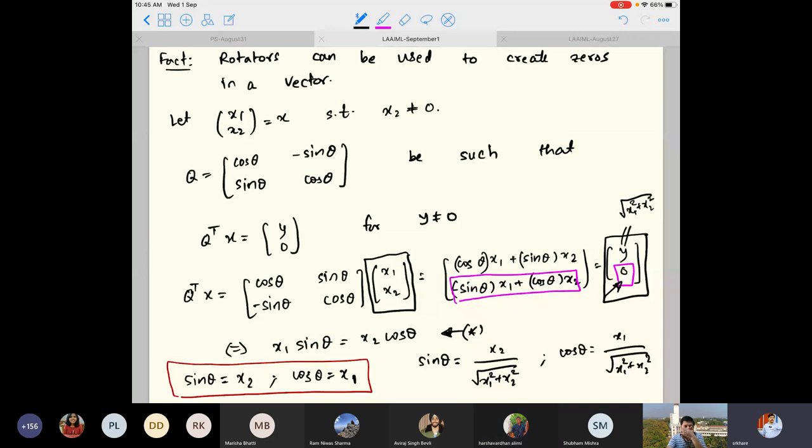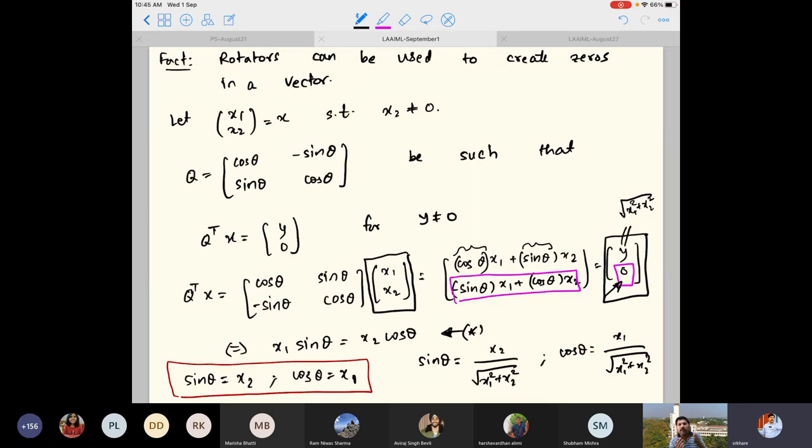So you can see what really happens by multiplying and calculating, but you really do not need to multiply. Those many computations you need not invest. If you multiply, the value of cos theta is x1 divided by the root of x1 square plus x2 square. If you substitute that here, and substitute the value of sin theta here, what would you get? You would get the square root of x1 square plus x2 square, right?